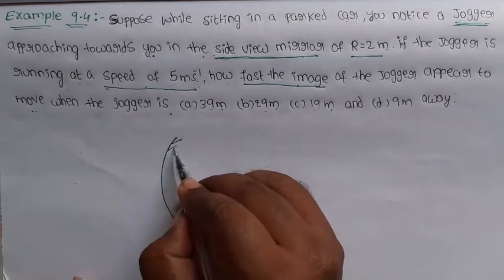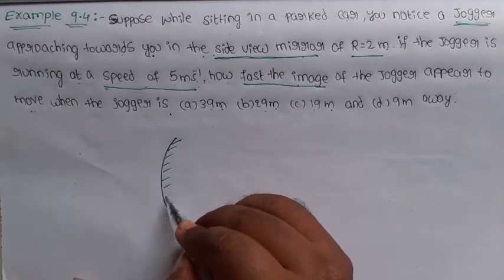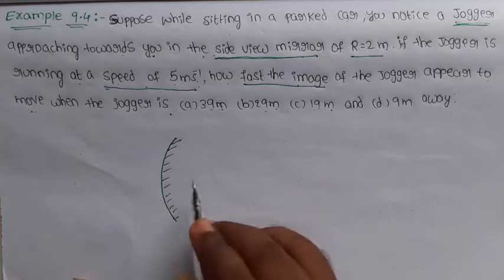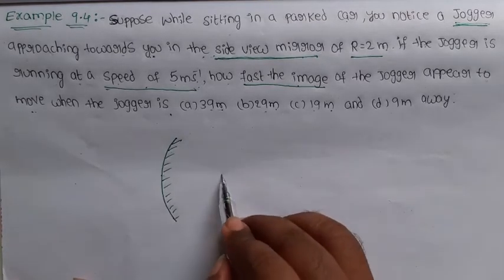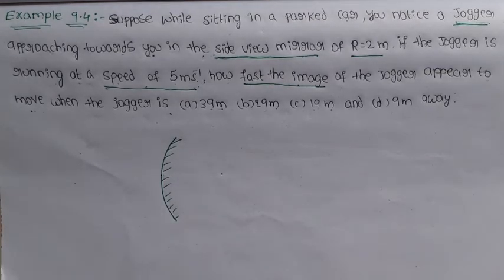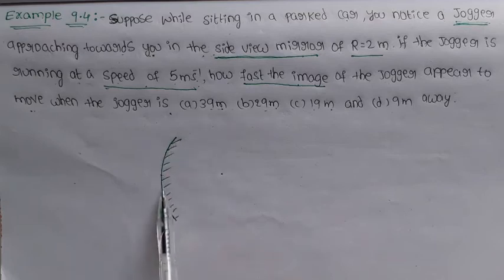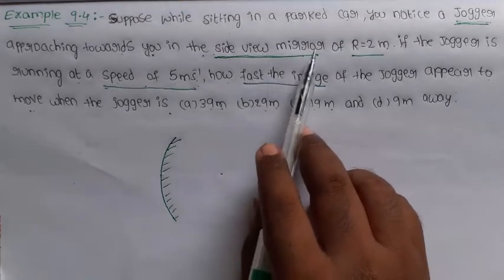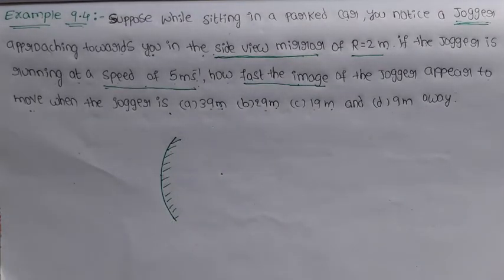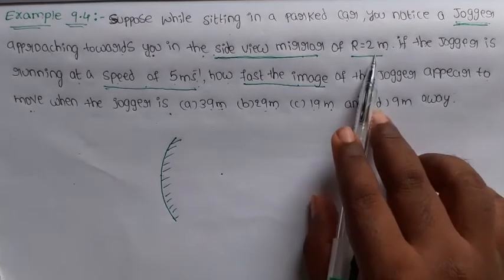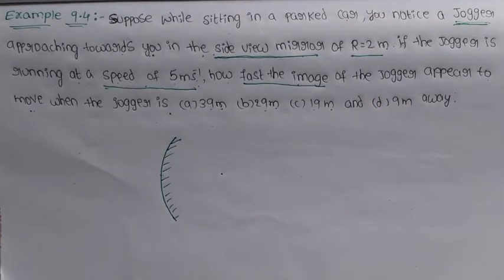The polished surface of the mirror is away from the center, or the reflecting surface is away from the center, which is called a convex mirror. So here the side view mirror is a convex mirror, and its radius of curvature is 2 meter.